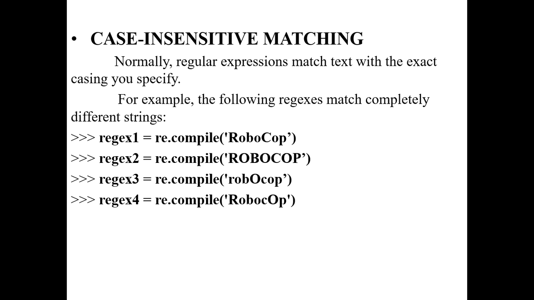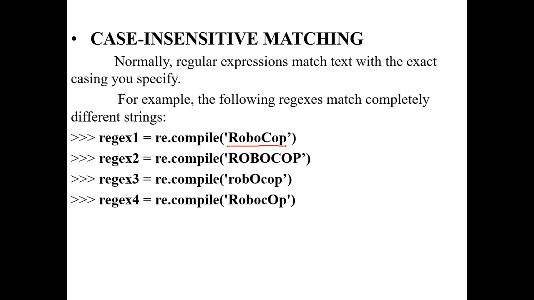The first one is case insensitive matching. Normally, regular expressions match text with the exact casing that we specify. Let us take a few examples here. In regular expression 1 I have mentioned Robocop.